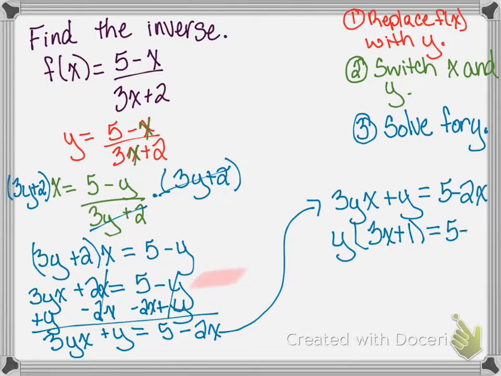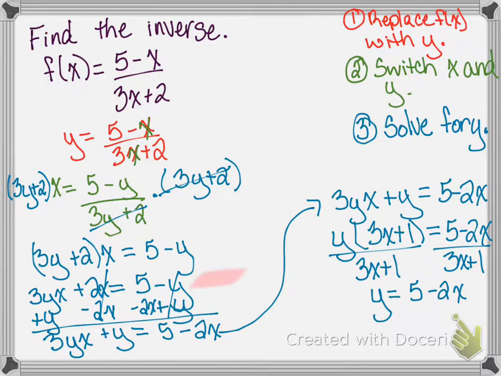We are there. Now what do I divide by? I can divide by a binomial. So I divide everything by 3x plus 1. And we have done it. So y equals 5 minus 2x over 3x plus 1.